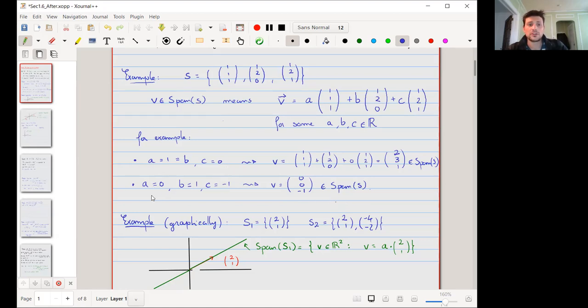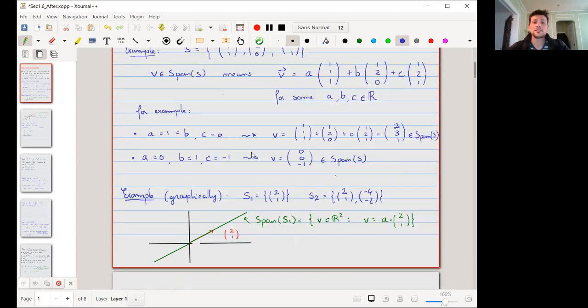All possible choices of a, b, and c give all the possible vectors that lie in the span of my set S. We can think of spans as geometric objects, so we can graph them. Here's a little example. Let's consider the span of the set containing a single vector (2, 1).